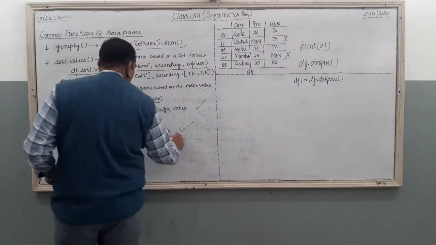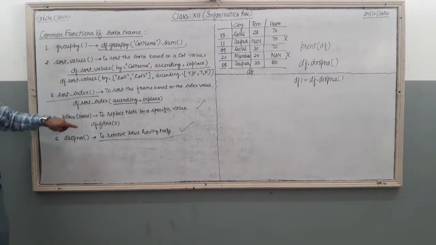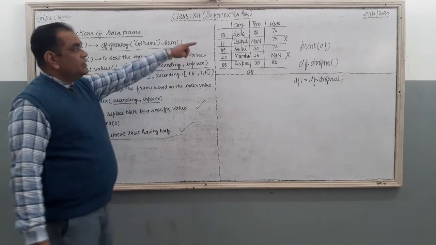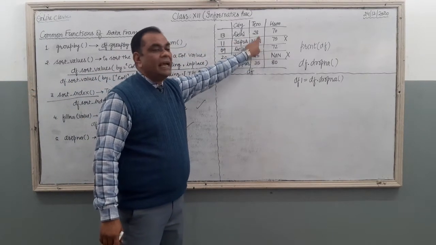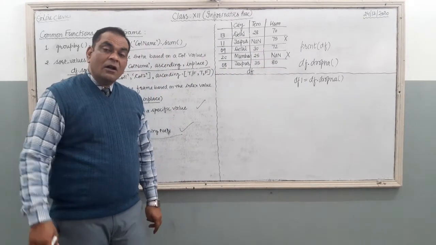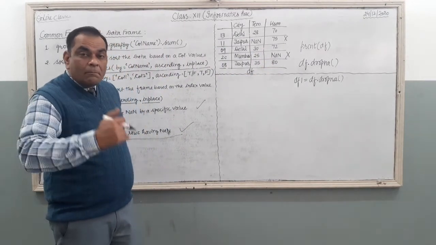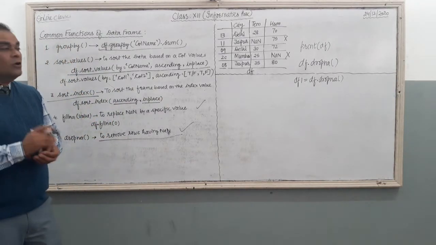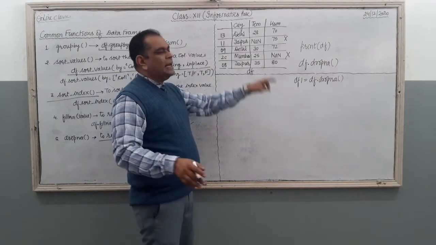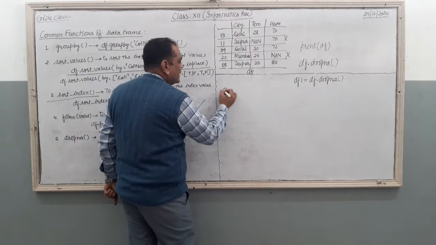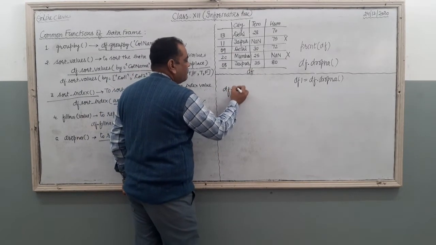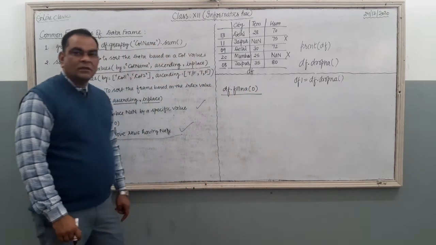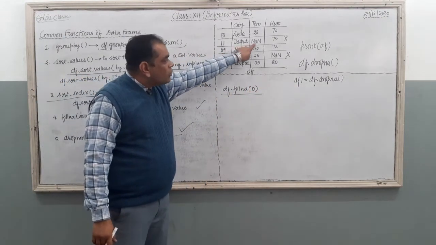If you want to remove rows having NaN, use dropna. Now fillna. What is this fillna? Fillna means your data frame contains NaN values, and you want to replace the NaN with your specific value. What do you do? I want 0 to be written in place of NaN, so my command is df.fillna(0). Now the computer puts 0 over here.